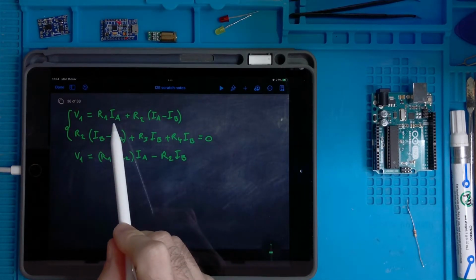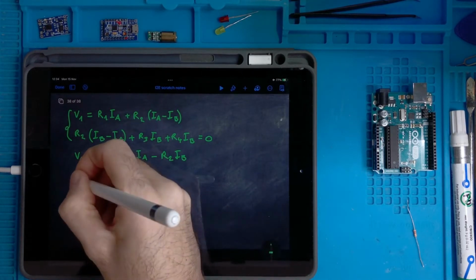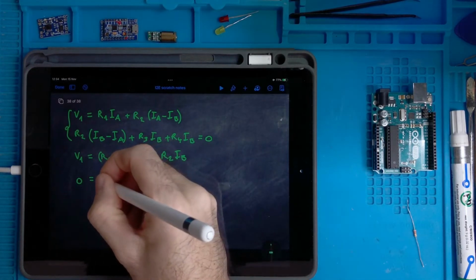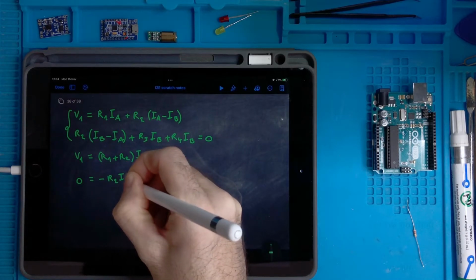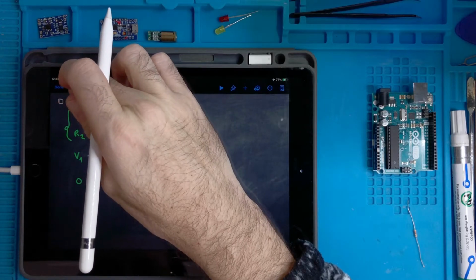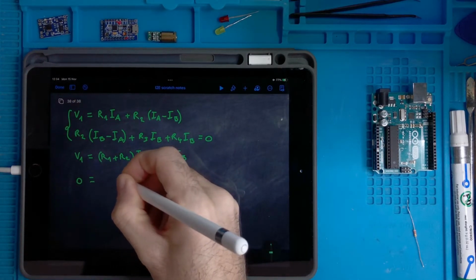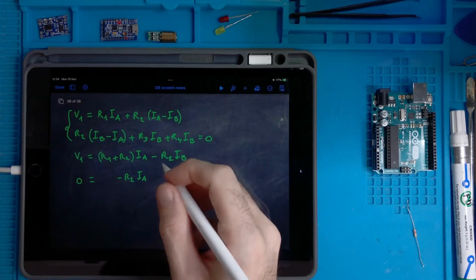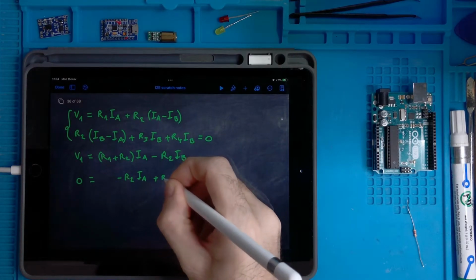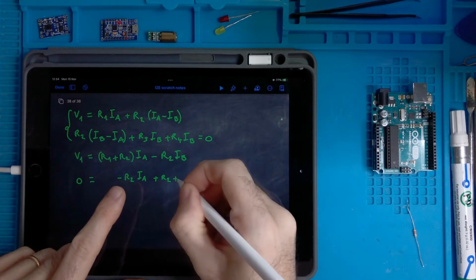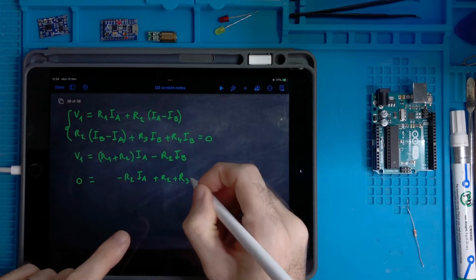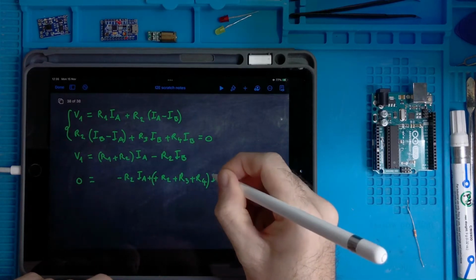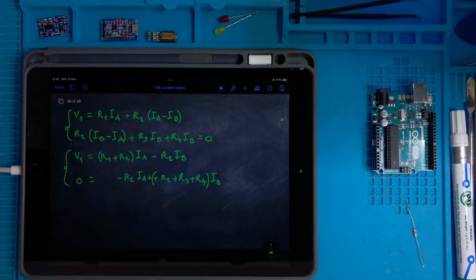I just put the IA terms together, and then I write 0 equals minus R2 IA plus (R2 plus R3 plus R4) multiplied by IB.